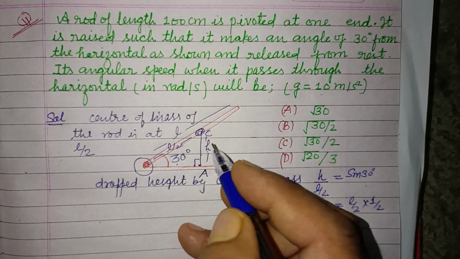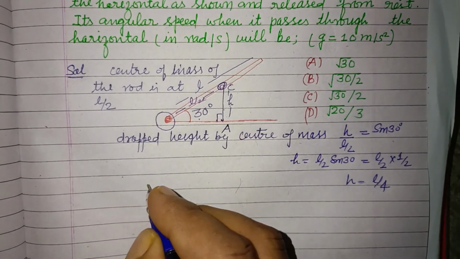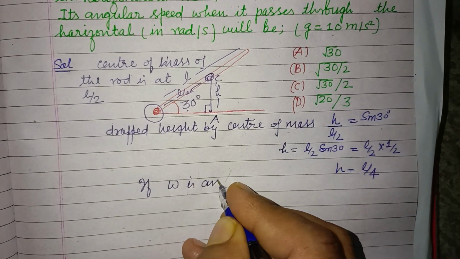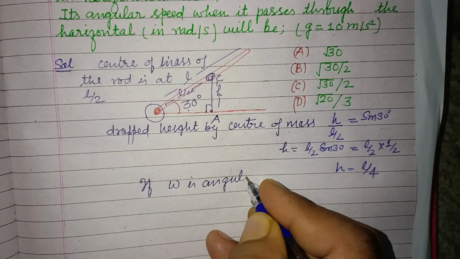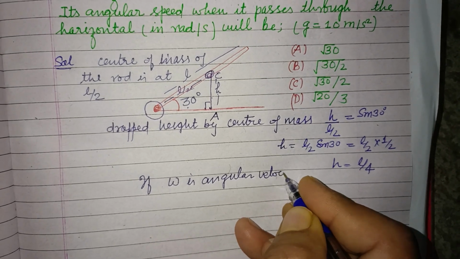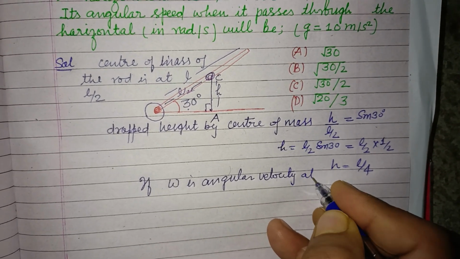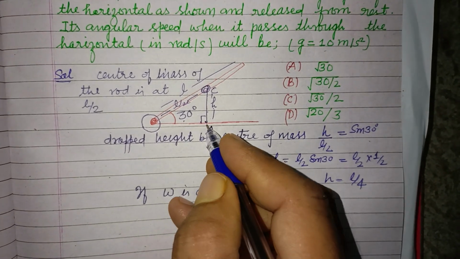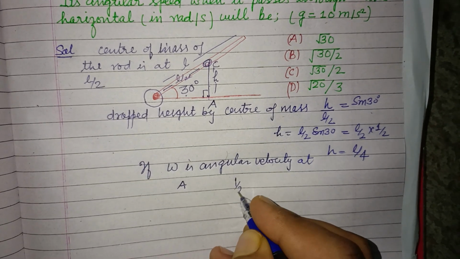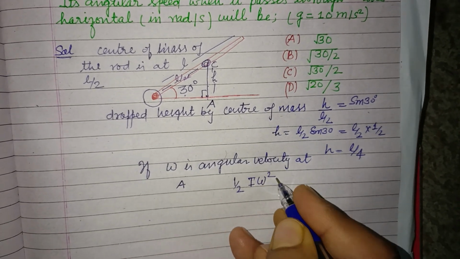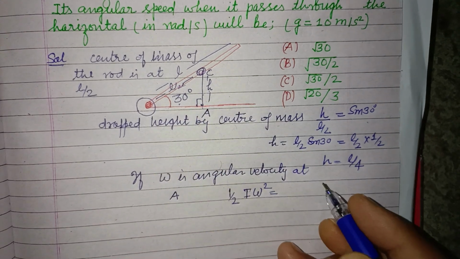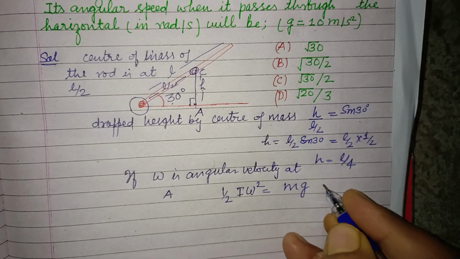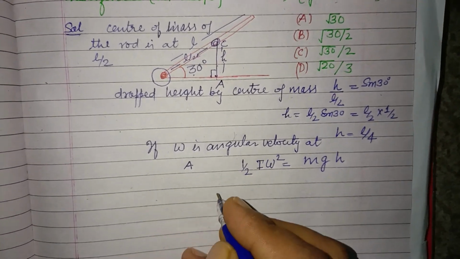Now if omega is the angular velocity at A, then the kinetic energy of this rod, half I omega square, equal to the potential energy dropped, mgh.